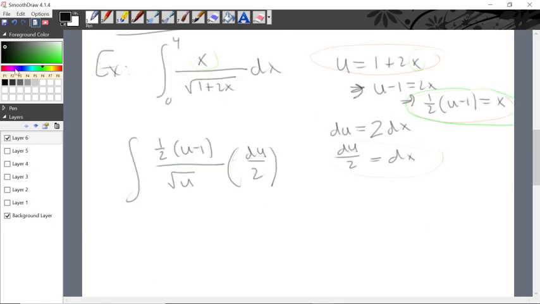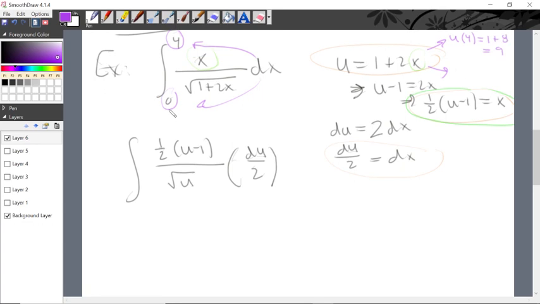And now let's deal with the bounds. So we had x is equal to 4 at the upper bound and x is equal to 0 at the lower bound. Okay? So what are our new bounds going to be? We evaluate the upper bound where x is equal to 4. And what do we get? 1 plus 8, which is equal to 9.